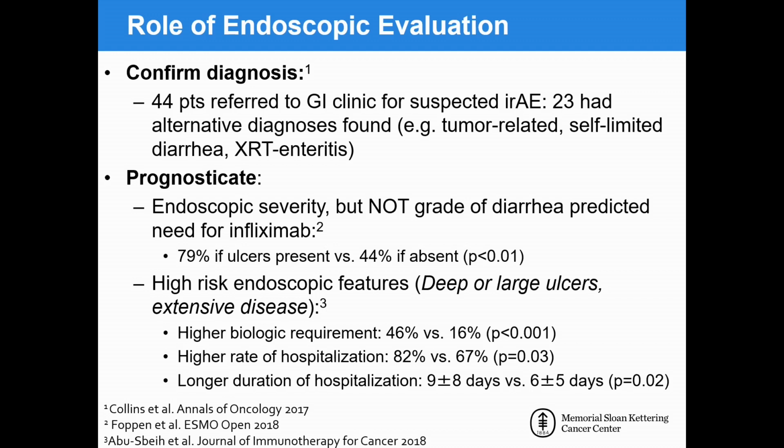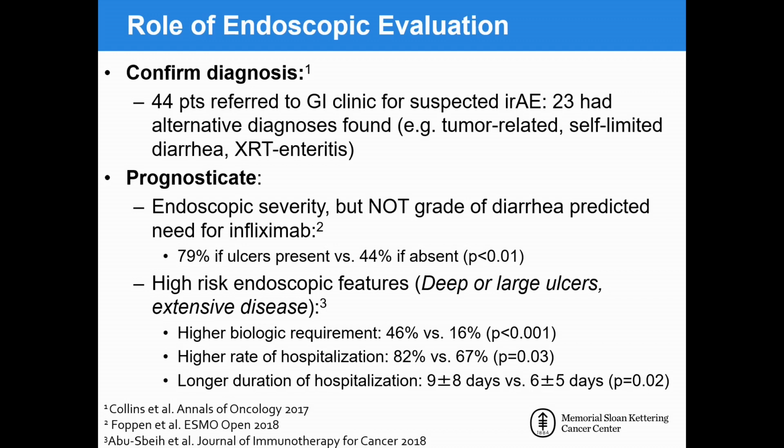This is probably a much better predictor than the CTCAE diarrhea grading, which I think we all know has its issues. But when you look at a colon and you see, are there severe ulcerations? Are there deep ulcers? Is there extensive anatomic involvement? These are the cases that get us worried in gastroenterology for risk of perforation and severe colitis.